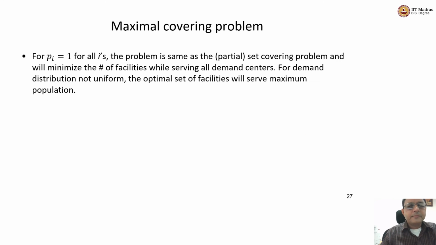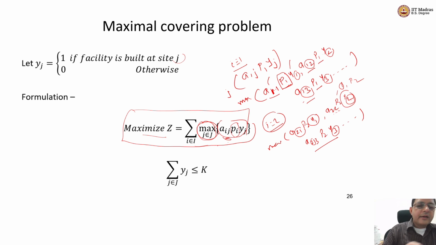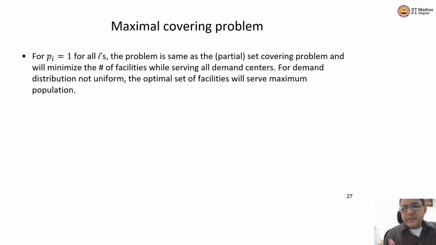That's always going to happen. So when P is 1, the game is essentially different because there are different demand densities, and I want to serve as many people as I can. Otherwise, it's just a set covering problem, a partial set covering problem, right?